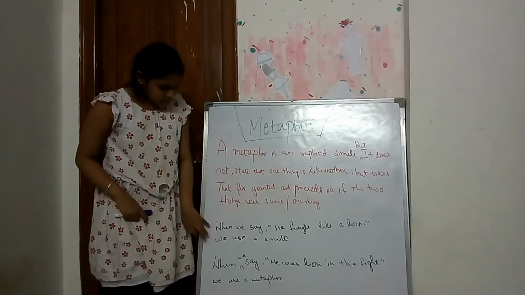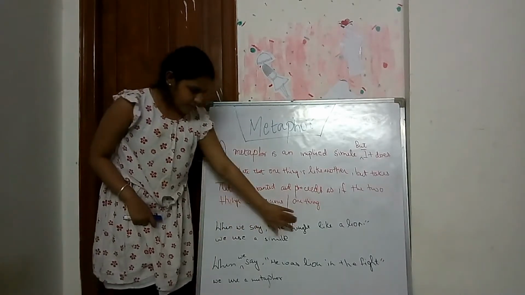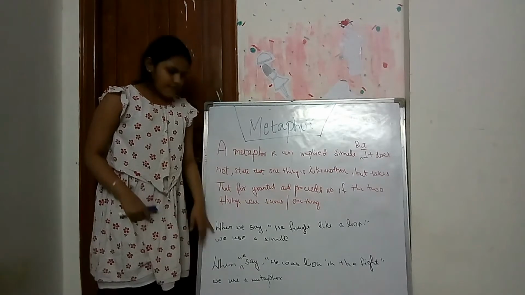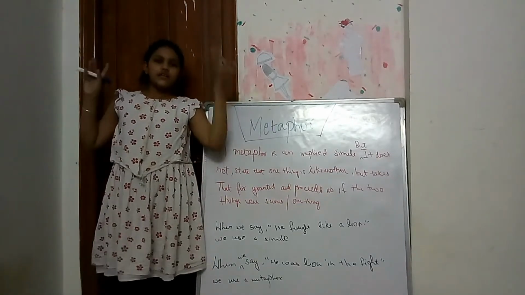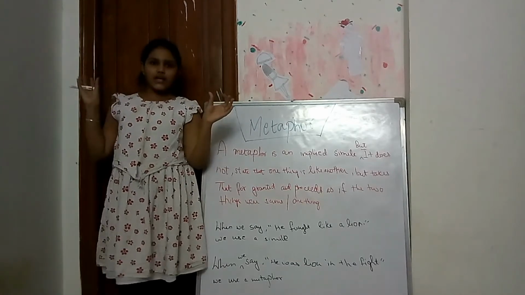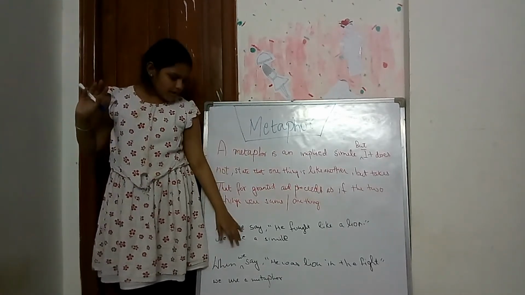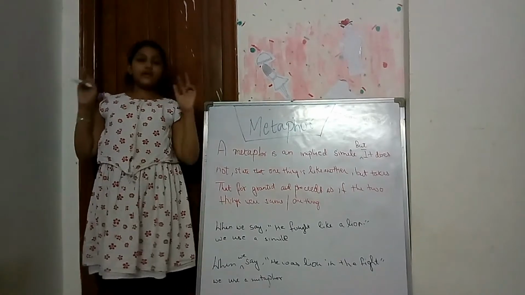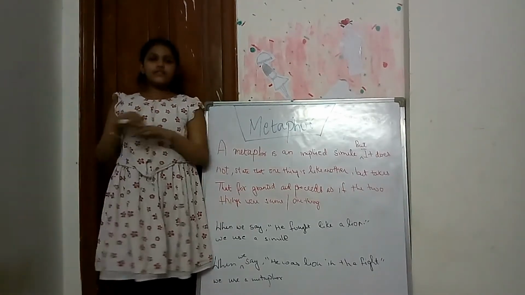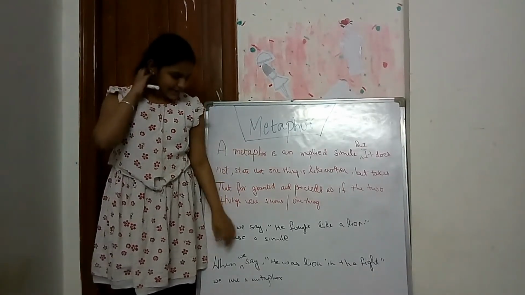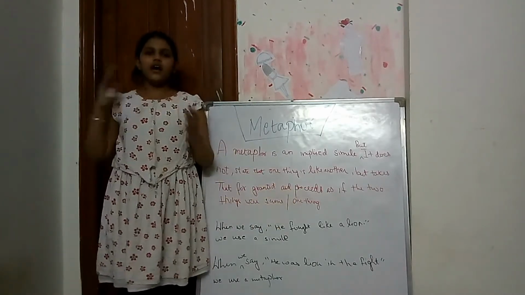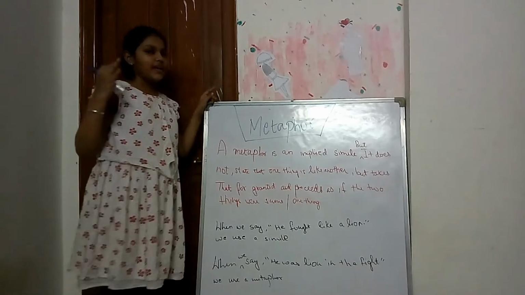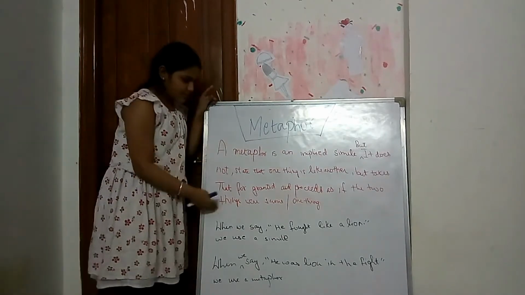When we say he fought like a lion, we use a simile. We are comparing the boy with a lion, who are completely different, but we are saying one point is similar in them. A lion fights very nicely, and here we are comparing the boy with the lion, how courageously he fought the fight.